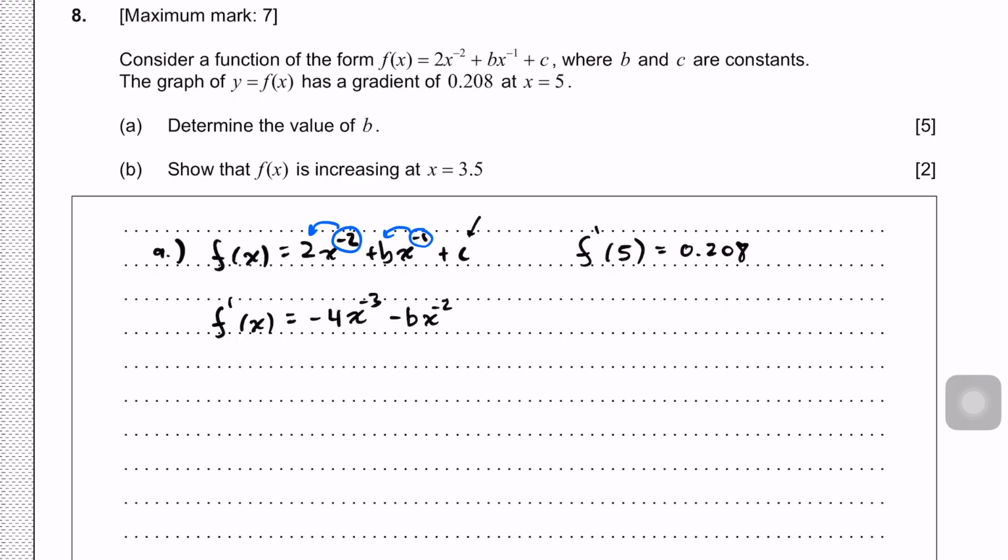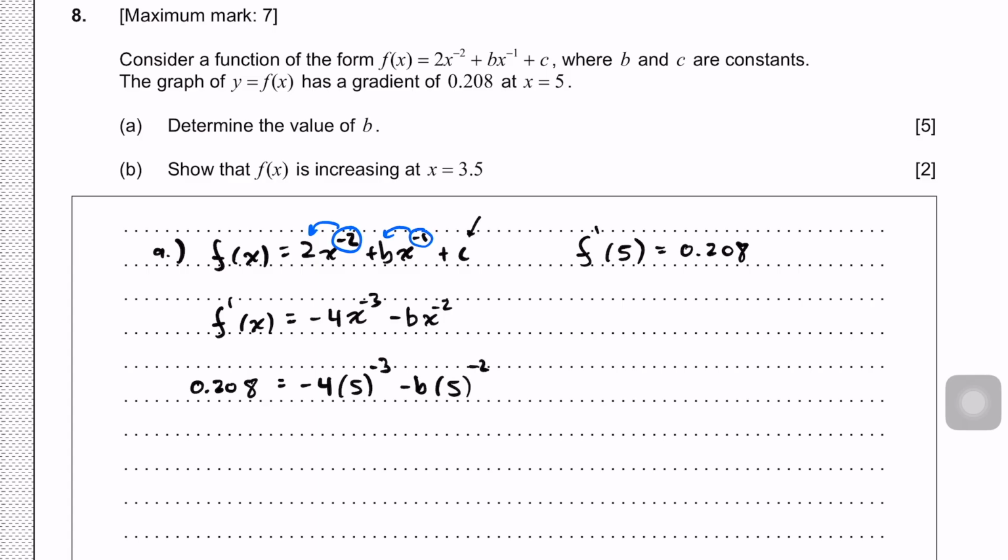So the slope, or the gradient, when x is equal to 5, is equal to 0.208. And when is that slope 0.208? Well, when x is equal to 5. So let's substitute that.